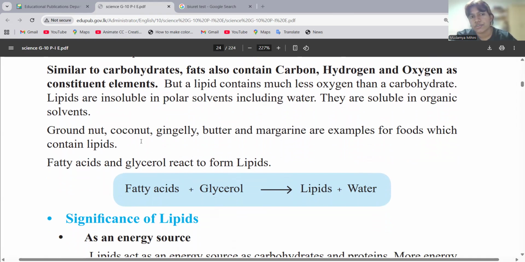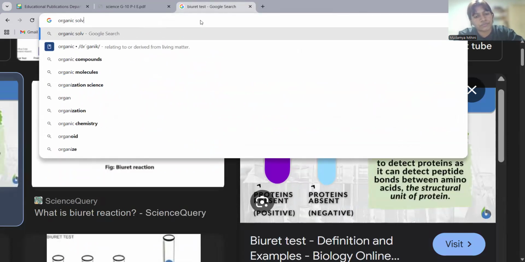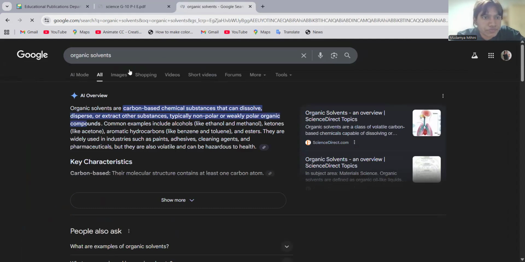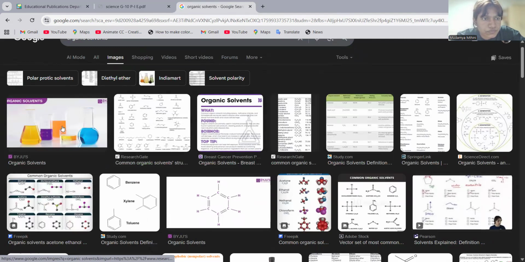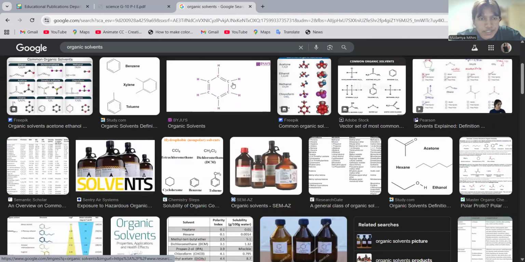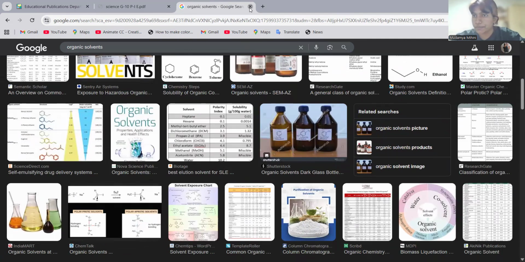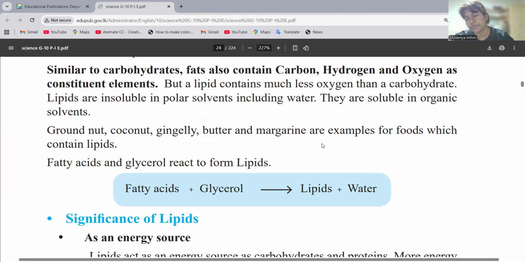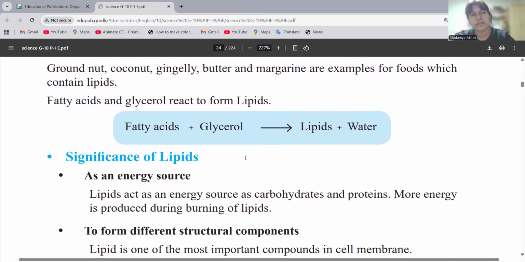If you guys want, I can show you organic solvents. These are like benzene, xylene, organic solvents. So basically the idea is containing carbon. As examples, groundnut, coconut, gingerly, butter, margarine are examples.